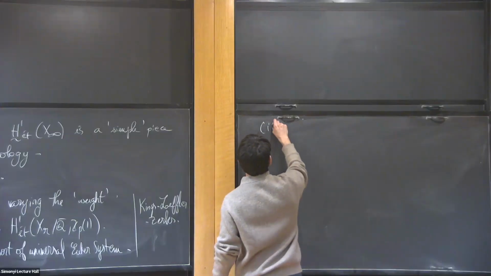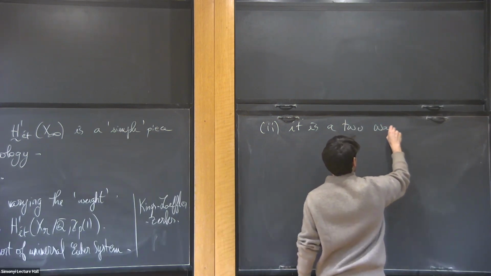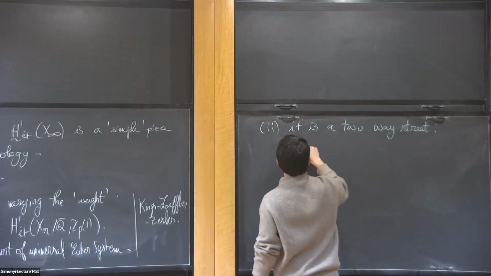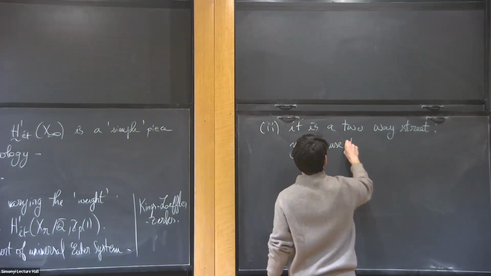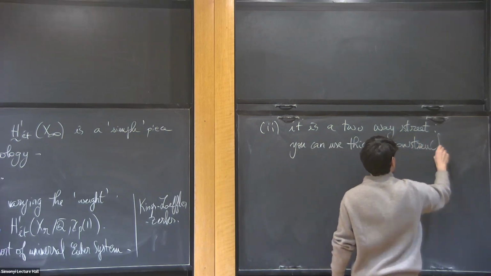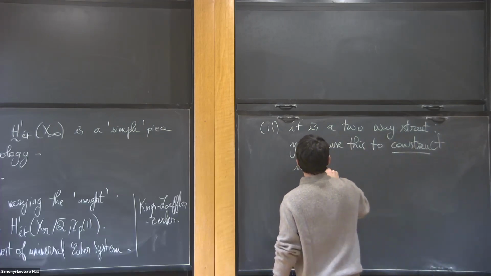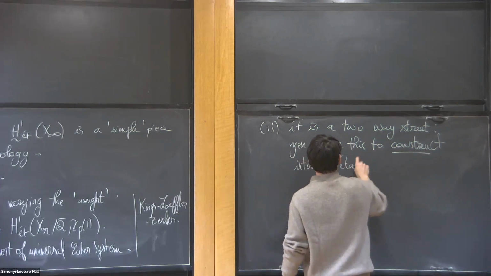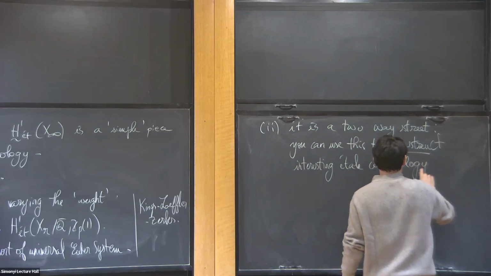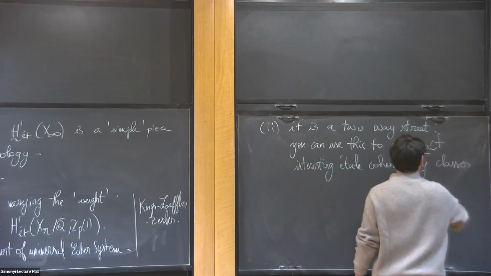So it is a two-way street, meaning you can use this to construct interesting etale homology classes, or rather families thereof.